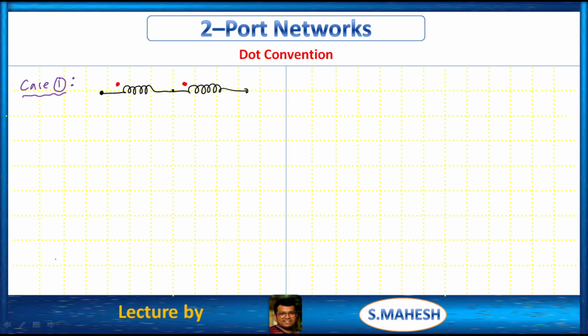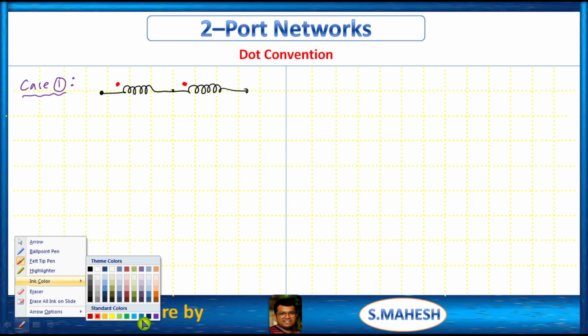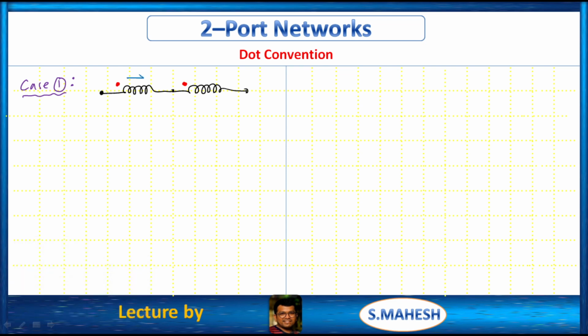This is the current; because these two are connected in series, the same current flows through these coils. Let us say the self inductances are L1 and L2, and we have mutual inductance like that. Now we have to tell whether it is positive M or negative M.